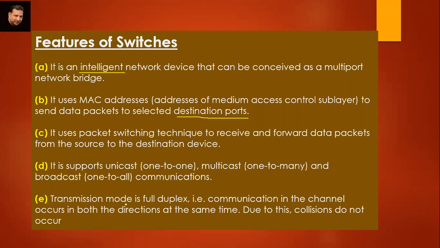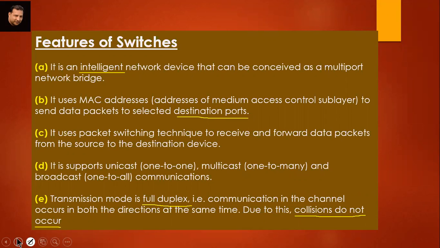Last, the transmission mode is full duplex. Now this term means communication occurs in both directions at the same time. That is, communication in the channel occurs in both the directions at the same time. Due to this, collisions do not occur and there is less chance of traffic in a network which is using switches.